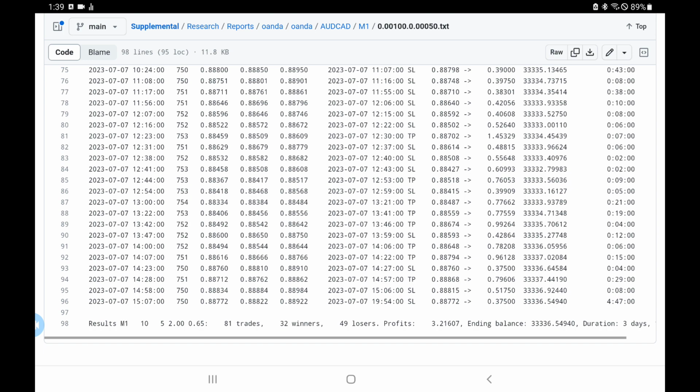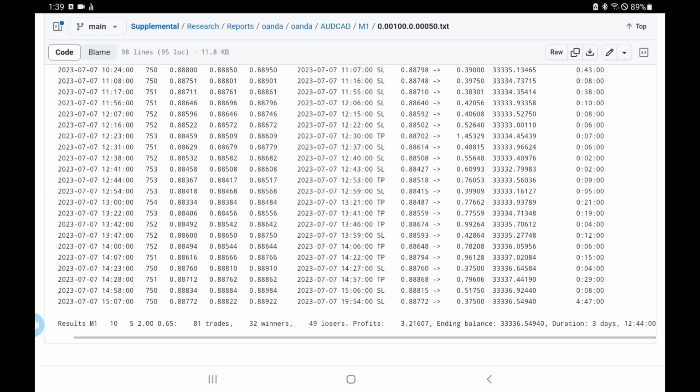That is why these reports really help you fine-tune what you want to use for your numbers. This is profitable even though it's not above a 51% level. It's not something I personally would trade, but it's still profitable.